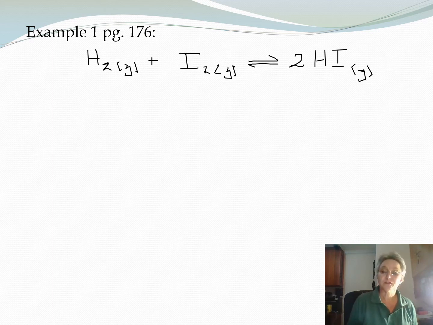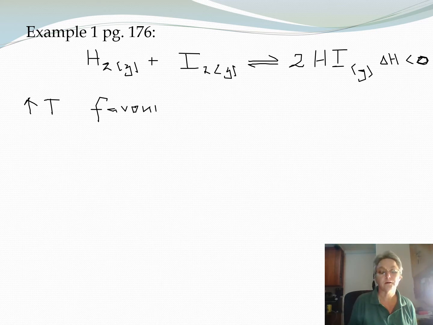Now, this reaction, the delta H for the forward reaction is negative, so it is the exothermic reaction. So an increase in temperature will favor the endothermic reaction.